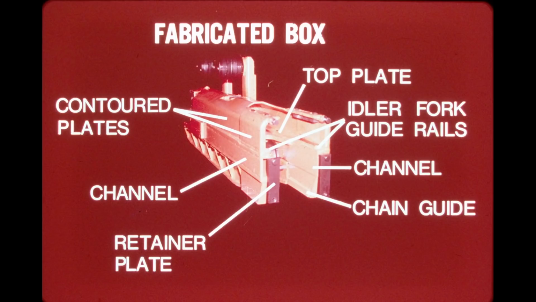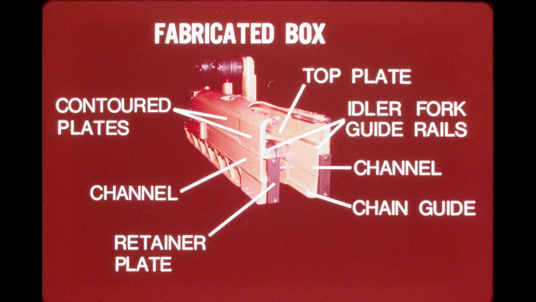Heavy contoured plates are welded to the top plate to provide a recoil mechanism housing and a cover and guide rails for the front idler fork. Retainer plates are used at the front of the track frame on either side to keep the idler fork in position. After installation of the fork, the retainer plates are swung up into position and secured with the top bolts.